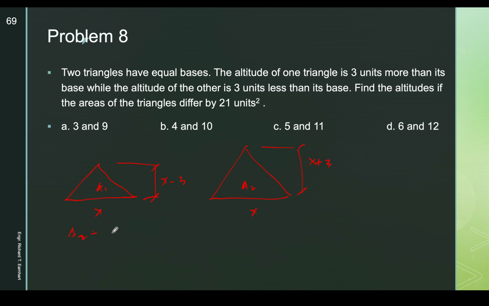So the difference between the two areas is 21. So this is 1/2 base times height. Okay, so x times x plus 3 minus x times x minus 3 equals 21. We can simplify, multiply by 2, and then expand, no?